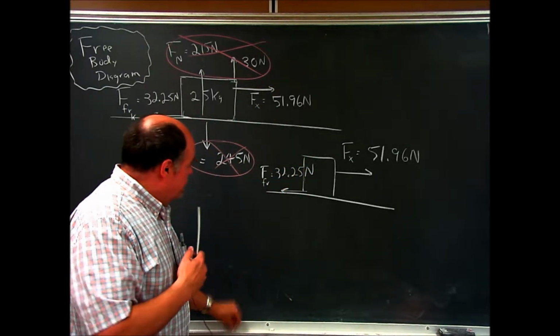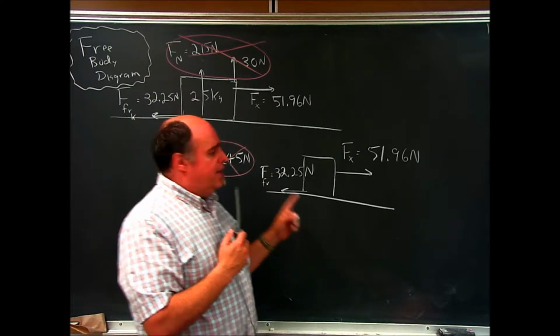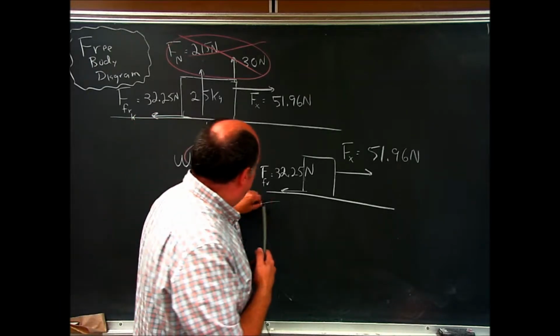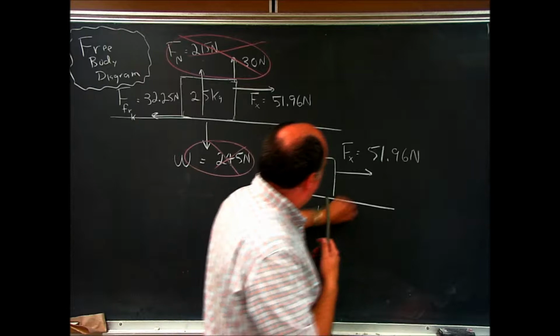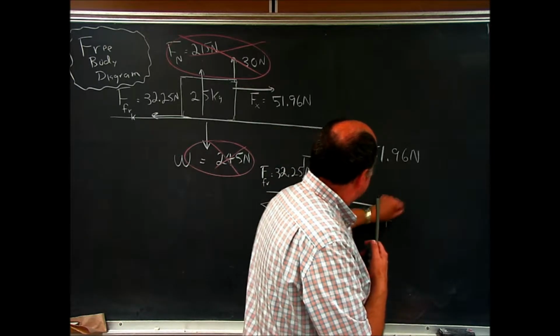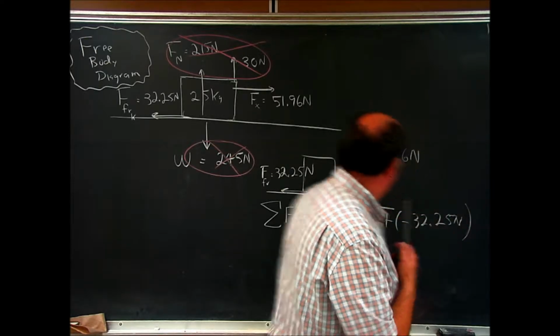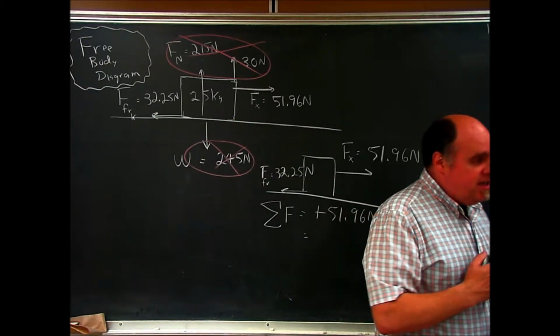And I could look at this and I could say, well, I can add these two vectors together. I could say the sum of all the forces would be a positive 51.96 newtons plus the negative 32.25 newtons. And when I do that, I could come up with a number, and the number would end up being 19.71.